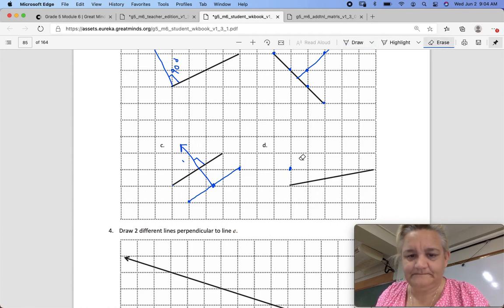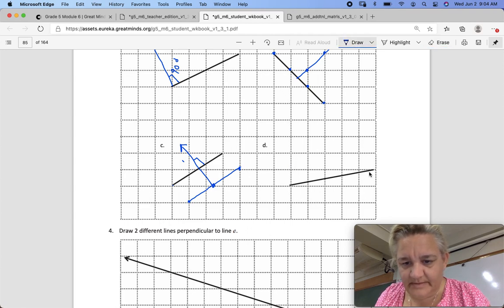Wait a minute. Let me see. Maybe I'll go down one here, and here. No, wait, that's not perpendicular either. Give me a second. Parallel line.